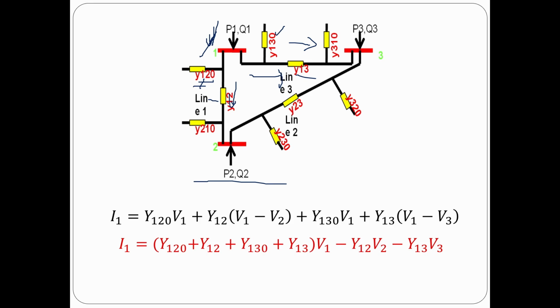Similarly, the current flowing from bus 1 to bus number 3 is V1 times Y130 and V1 minus V3 times Y13. Therefore, the equation is I1 is equal to Y120 V1 plus Y12 times V1 minus V2 plus Y130 times V1 plus Y13 times V1 minus V3.